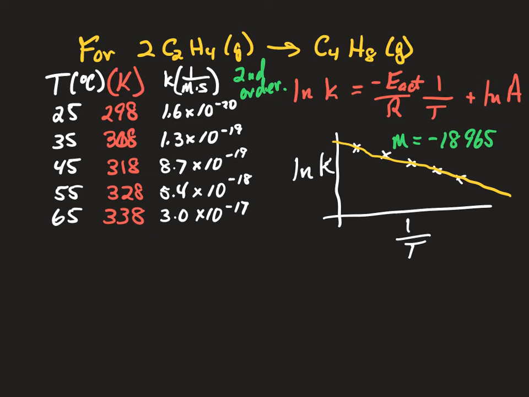And looking at the units of that, rise has no units, run is 1 over T, so the slope is going to be in Kelvin units, because this is in 1 over Kelvin. Okay, so we've got 18,965 Kelvin, and that equals negative activation energy over R.